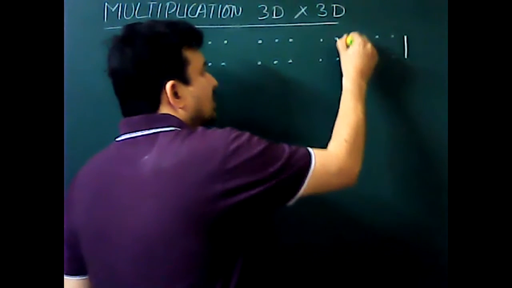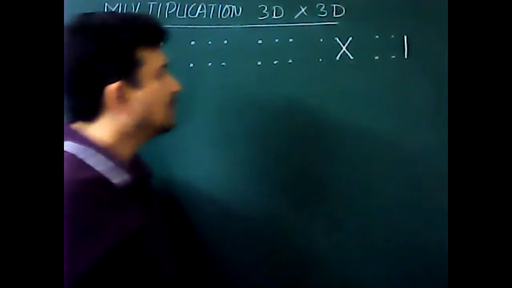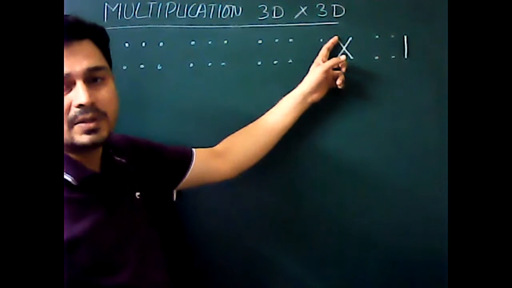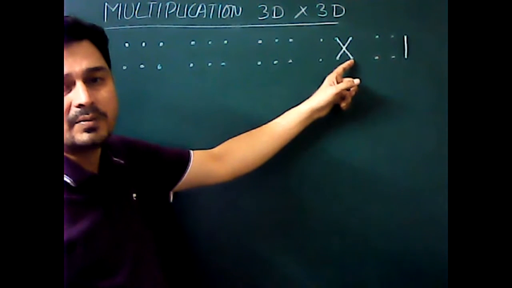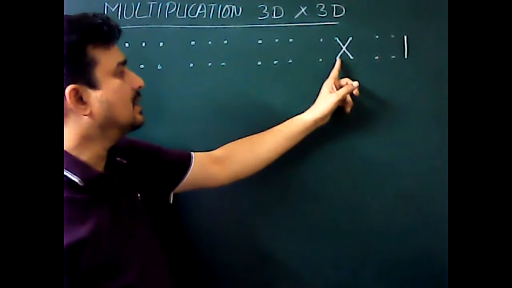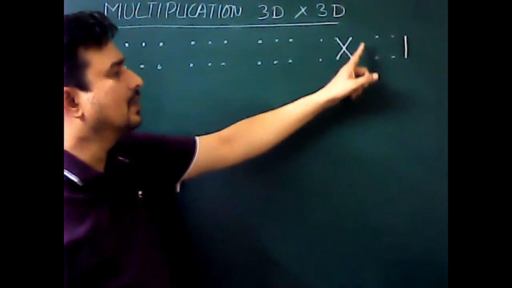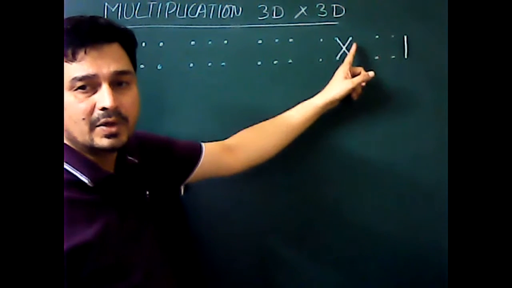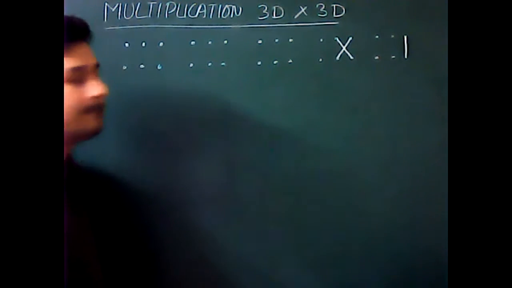Now the second step is cross multiply tens digit of first number by units digit of second number and tens digit of second number with units digit of first number and add both of them.